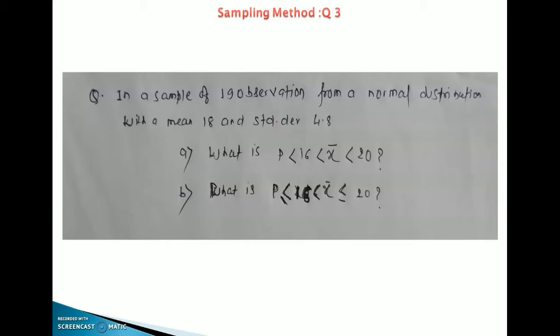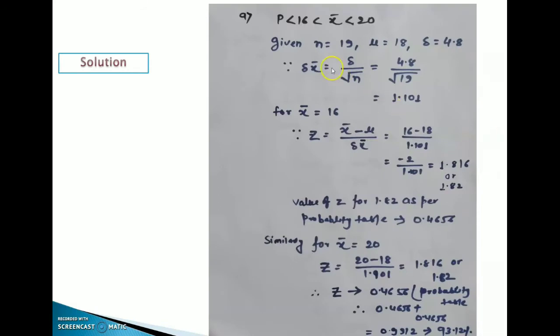In a sample of 19 observations, that means the sample size is 19. We have already studied that if a normal distribution is given, then it is definitely being talked about for the population.